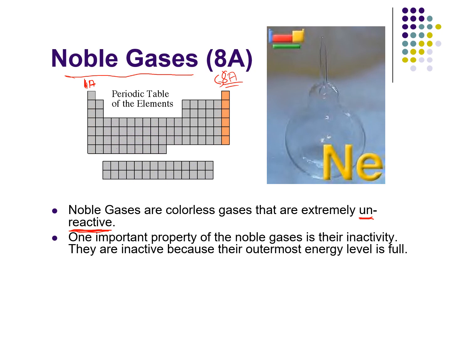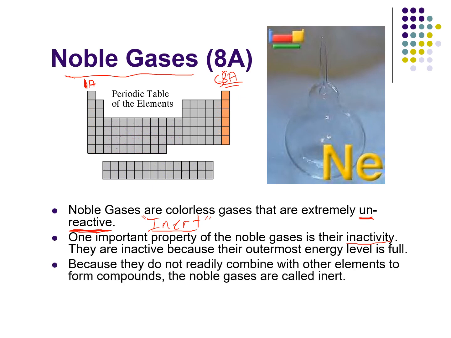The one important property of the noble gases is their inactivity. Ayan. So, inactivity, hindi na siya reactive. Sometimes, tinatawag din po silang inert. Ayan. Magkakaparehas po ang ibig sabihin yan. Unreactive, inert, and inactivity. So, because they do not readily combine with other elements to form compounds, the noble gases are called inert.